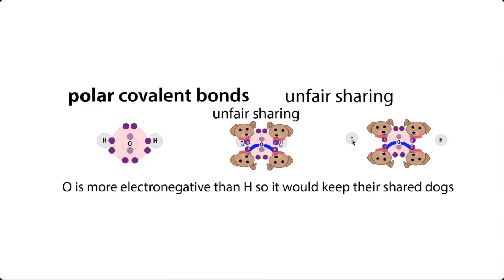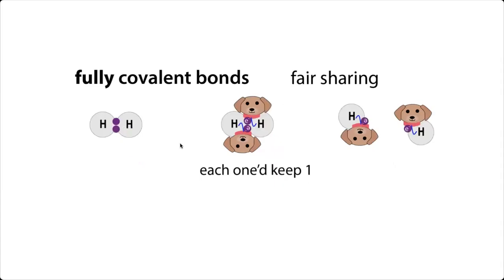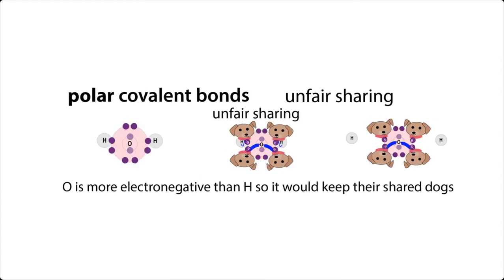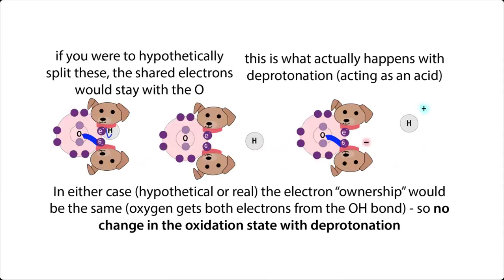And when we say losing electrons, we say it's oxidation. But the oxygen, if you compare just pure oxygen, O2, you would have fair sharing between those because that would be one of those fully covalent bonds. However, now you get two electrons, you've got one from each of those hydrogens. Voila, you've gained electrons, you've been reduced.